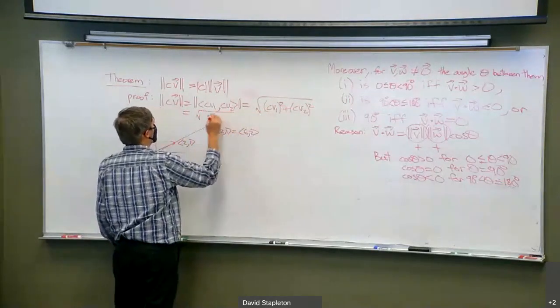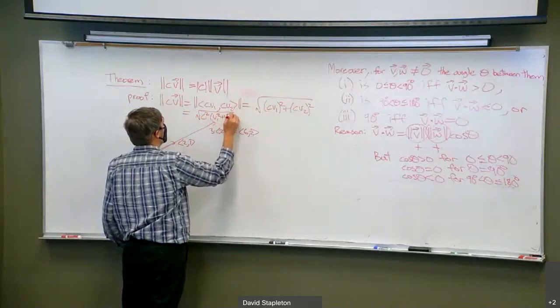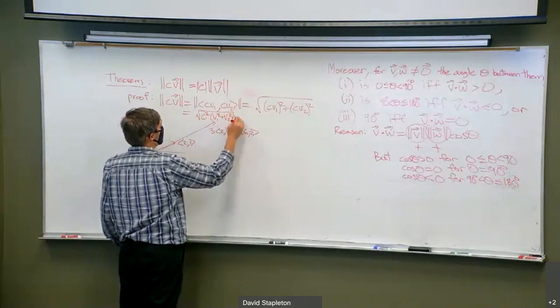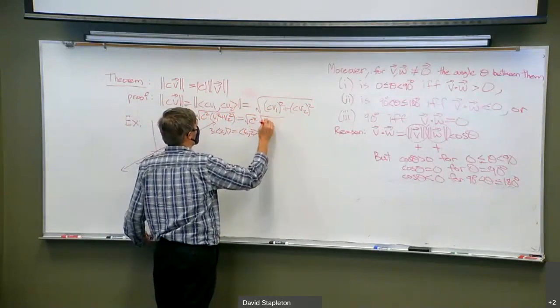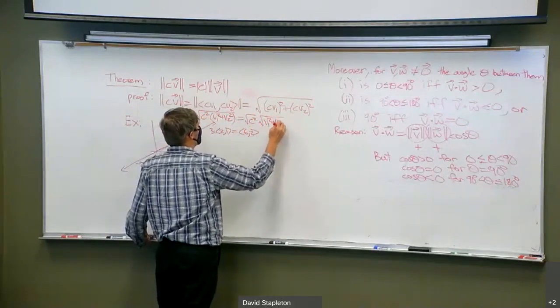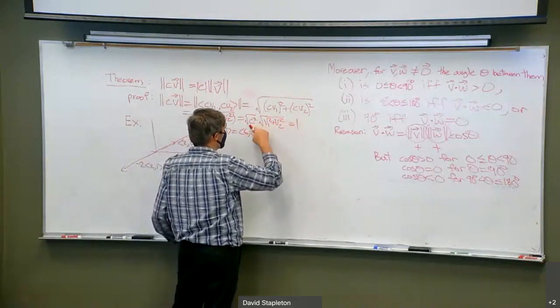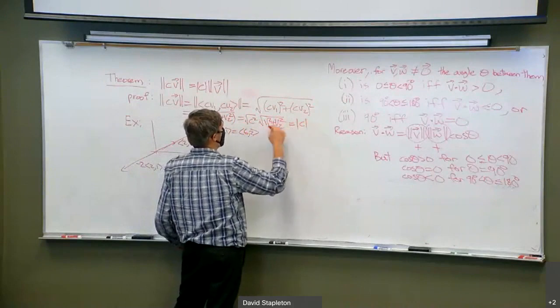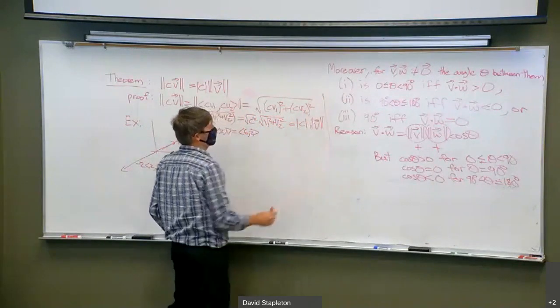So this is the square root of c squared times (v1 squared plus v2 squared). But now the square root of the product is the product of the square roots: square root of c squared times square root of v1 squared plus v2 squared. But square root of c squared is the absolute value of c, and this is the length of v. There's the proof. It's as short and easy as that.